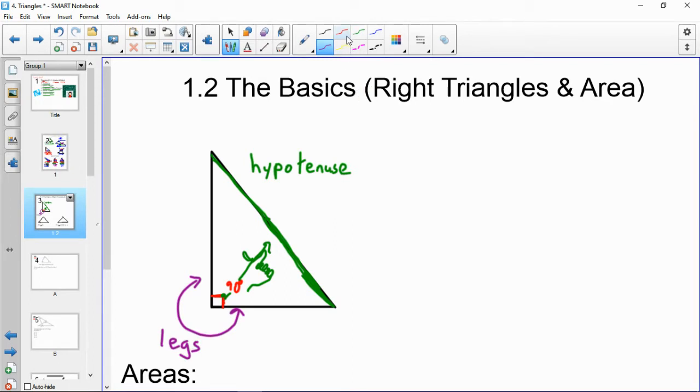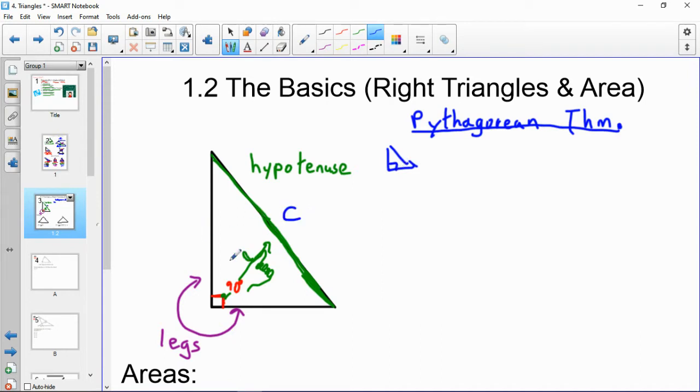And now that you know the anatomy of a right triangle, we're going to teach you one really basic, famous theorem that you're going to be using quite a bit in the SATs, which is the Pythagorean theorem. The Pythagorean theorem states that if you have a right triangle, and you let C represent the hypotenuse, and you let A and B represent the 2 legs, doesn't matter which one's which, then you get to write an equation that's always going to be true, which is A squared plus B squared is equal to C squared.